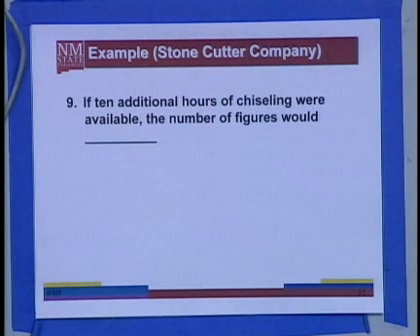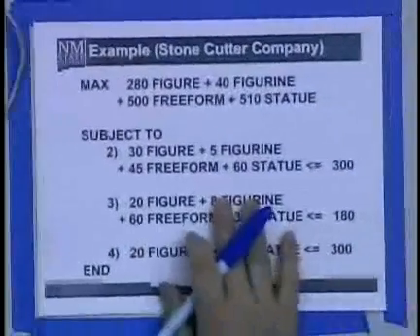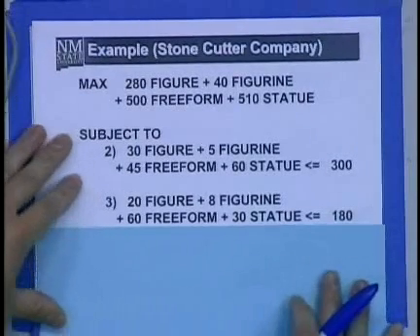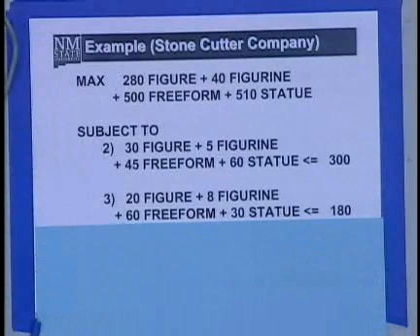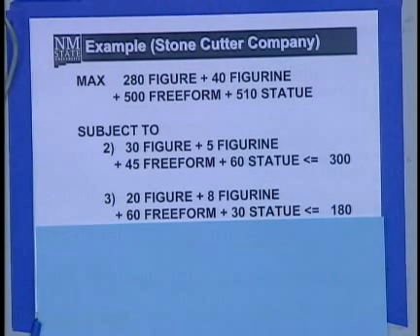If 10 additional hours of chiseling were available, what's the effect on the number of figures? We know the row number 3 represents the constraints for chiseling, right?